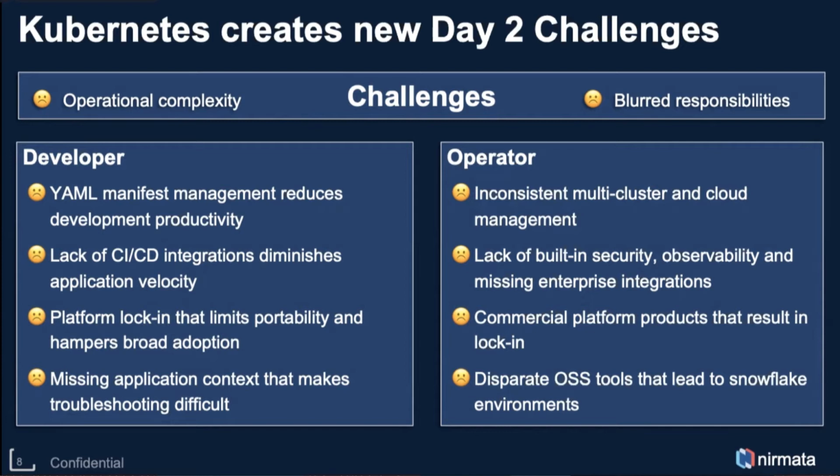From our perspective, we look at a couple of different roles when we talk about Kubernetes. There are developers who are responsible for their applications, and then there are operators who are responsible for ensuring the cluster is up and running and all of the infrastructure is available: storage, networking, load balancing, and so on.